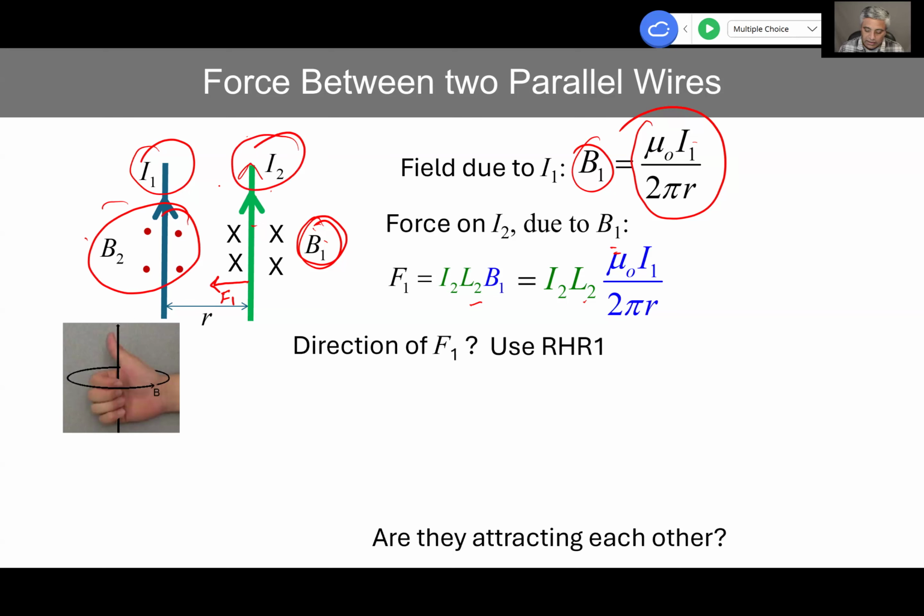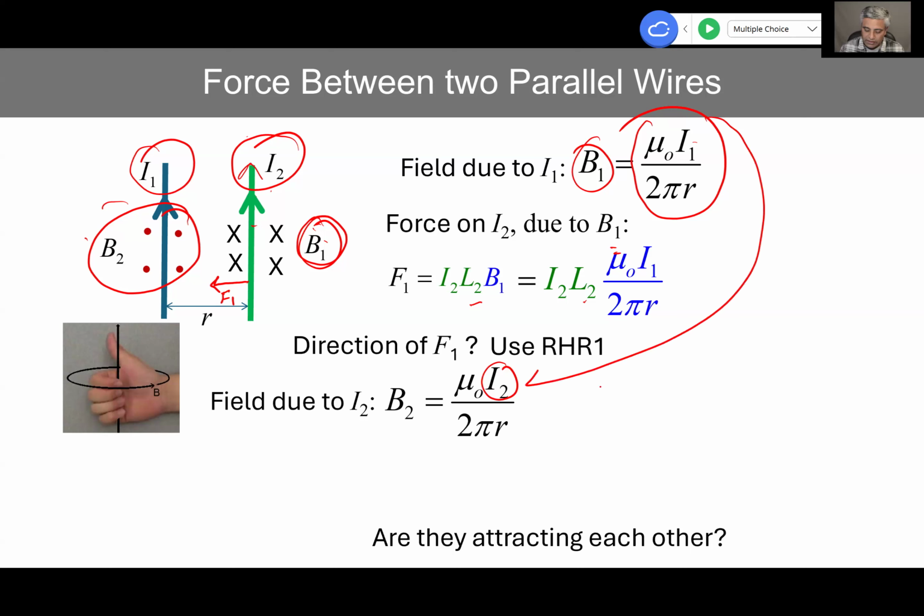Now to find the force on this one, we need to use the field due to this current. So B2 is going to be the same equation as this, but now I1 is replaced by I2. Then for the force, we do the same thing, but this time the length of the wire is not L2 but L1.